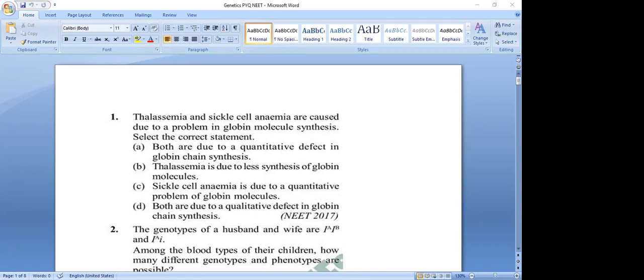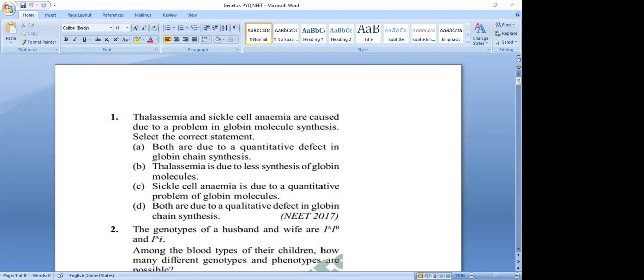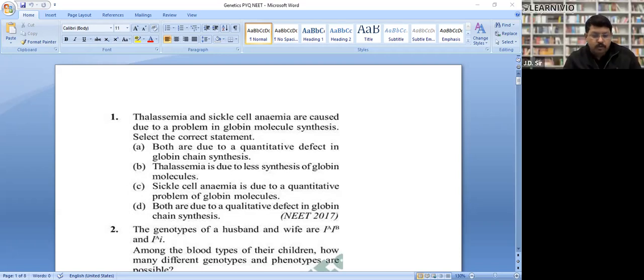Option B. B. Thalassemia is due to less synthesis of globin. Okay. What about you, John? Correct statement.